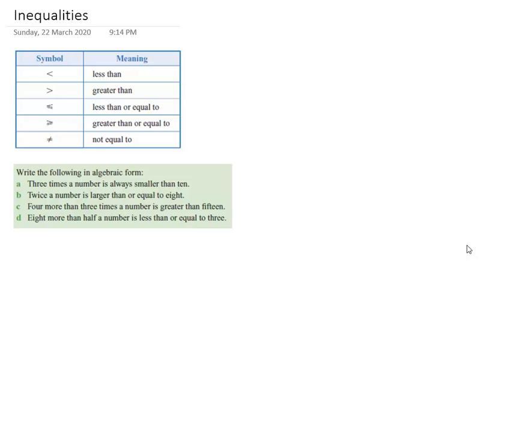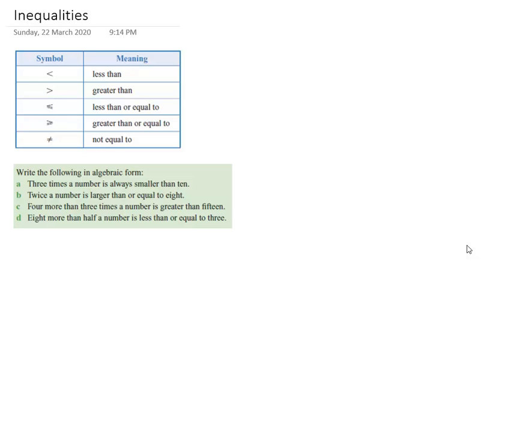So the symbols, as you can see, can be a less than sign, a greater than sign, a less than or equal to sign, a greater than or equal to sign, or a not equal to sign. And these are all considered inequalities because they're not equations. Okay, they do behave a little bit like equations, but in some ways they're also a bit different.